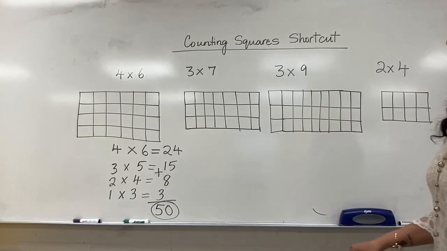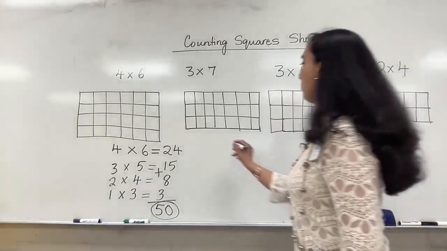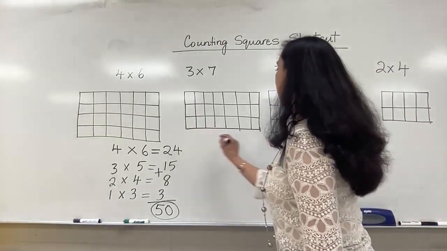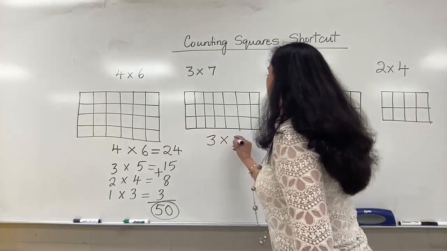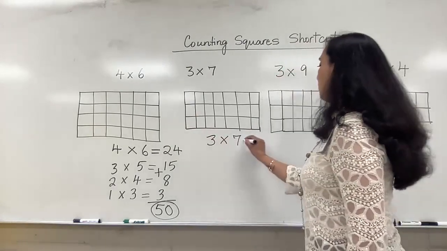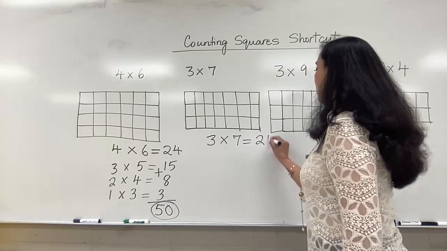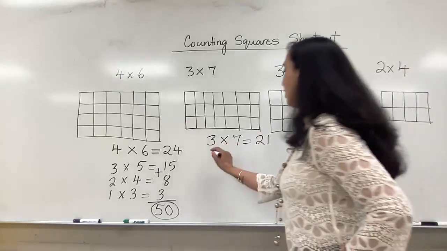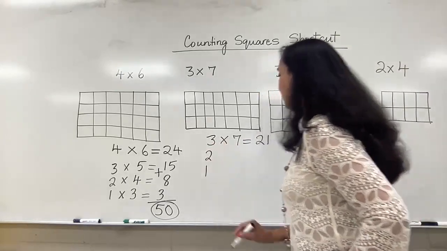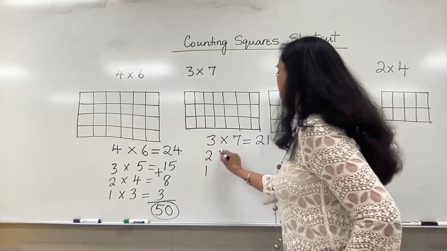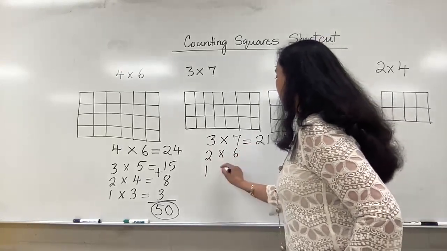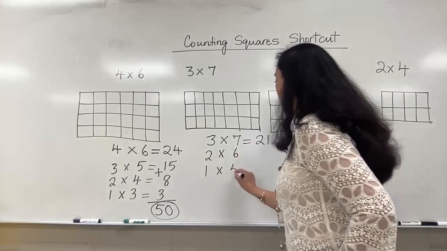All right. So let's try this one now. So I'm going to write the basic. This is 3, this is 7. I will write 3 times 7, which is 21. And then I'm going to start reducing. I'm going to make this 2 and then 1, right? This is going to go down 1, and this is going to go down 1.